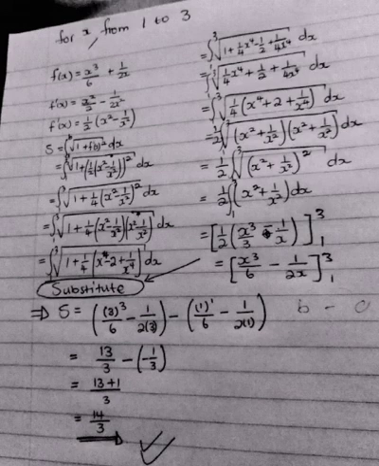So when you take 1 over 4 as a common factor, we're going to have 1 over 4 into x to the power 4, and then plus 2. Remember, if we multiply 2 by 1 over 4, we're going to have 1 over 2. And then the other one will be left with 1 over x to the power 4, dx outside the square root.